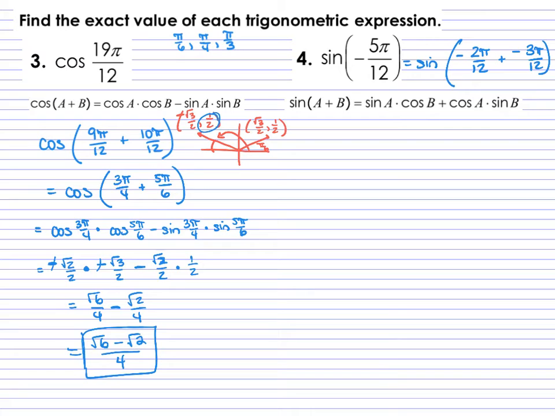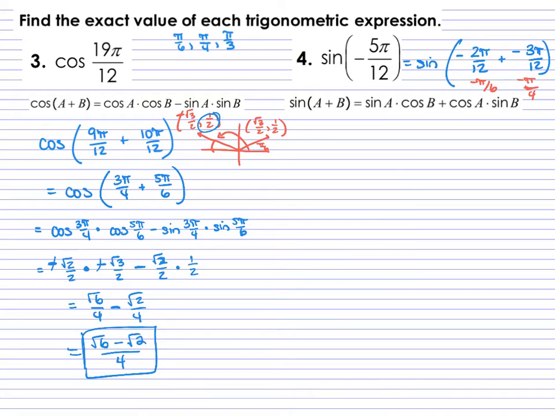If I simplify, the negative 2 pi over 12 is going to give me negative pi over 6, which is on the unit circle. I can use that. And then negative 3 pi over 12, if I simplify that, I have negative pi over 4. And that is also in the unit circle. So those two angles are the ones that I'm going to be able to work with.